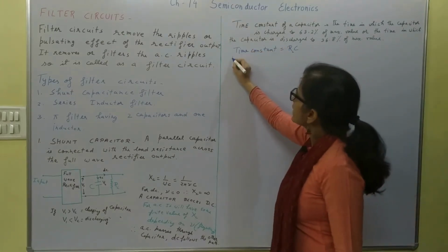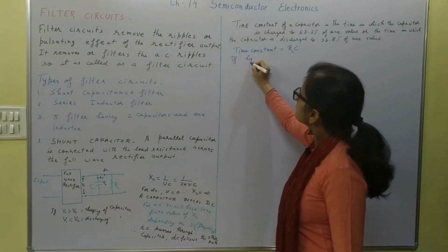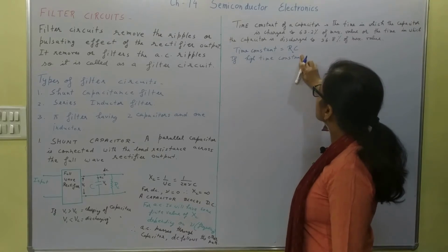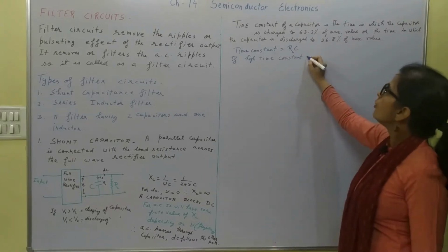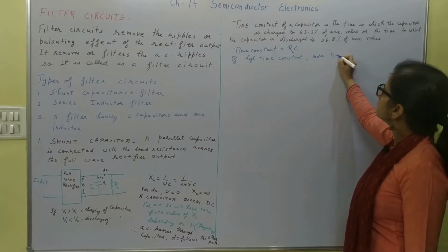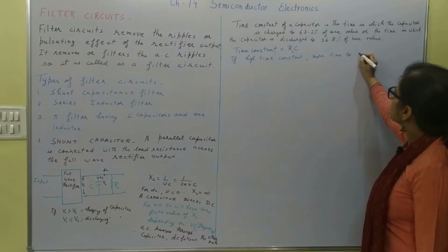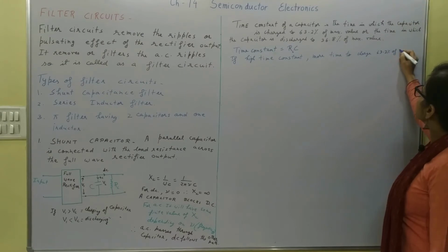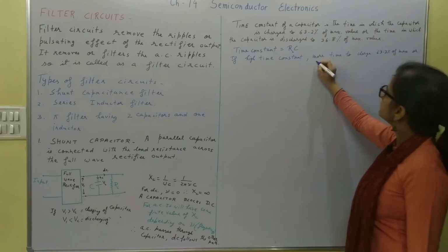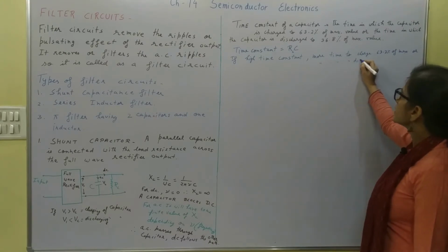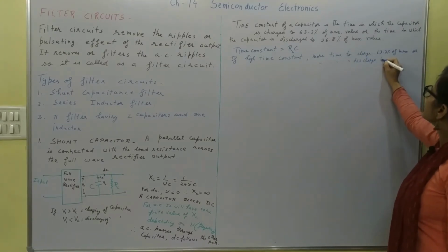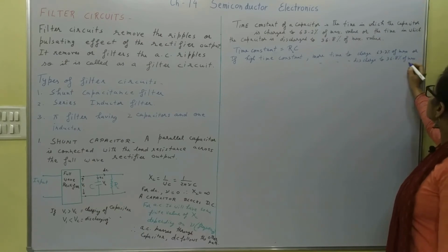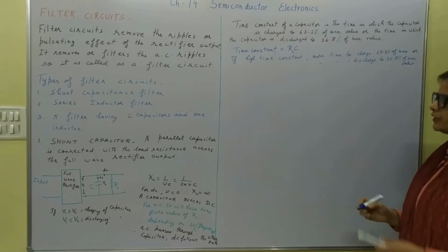So that means if a high time constant value is there, then it will take more time to charge to 63.2% of maximum, or more time to discharge to 36.8% of maximum value.